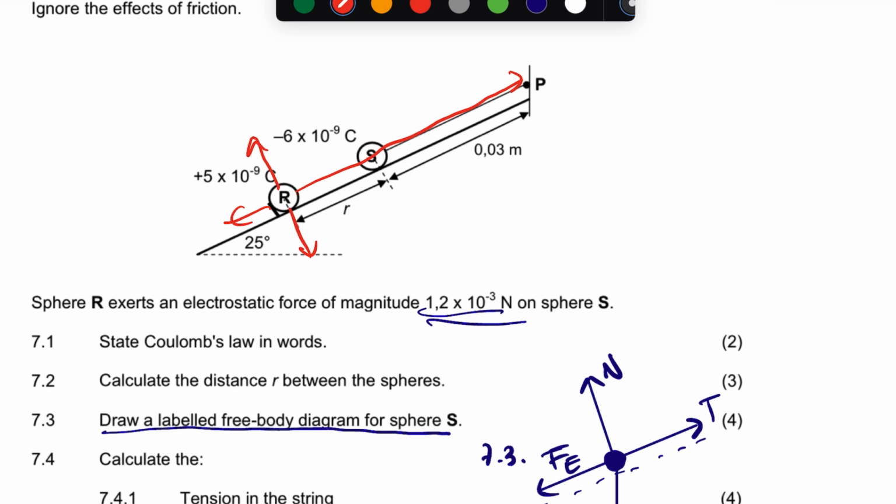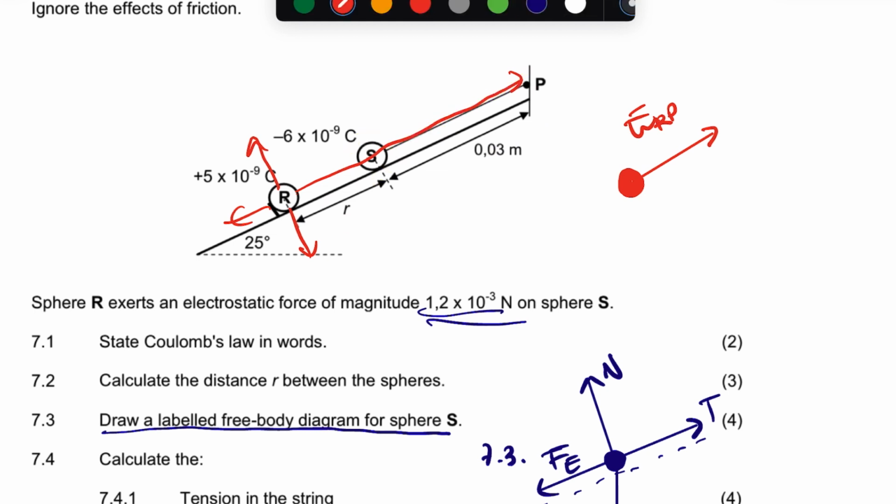So when you draw the free body diagram of the electric field of R on P, it's going to go to the right. So this is the electric field of R on P in that direction, right? And if you look at the distance from there to there, it's this distance that we calculated plus this. It's a longer distance, so it's going to be smaller compared to this one.